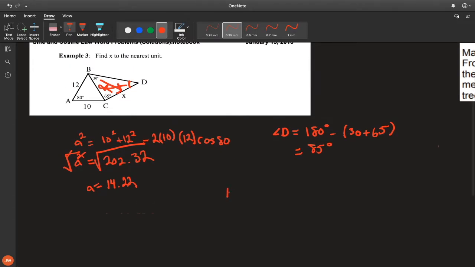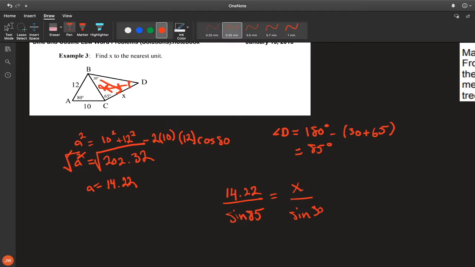So 14.22 divided by the sine of angle D, which is 85, is going to be equal to x divided by the sine of 30.